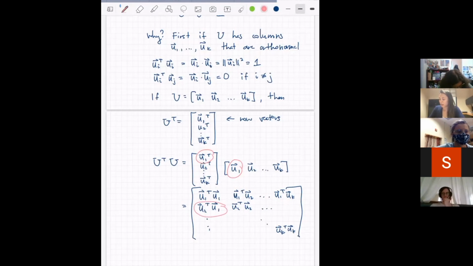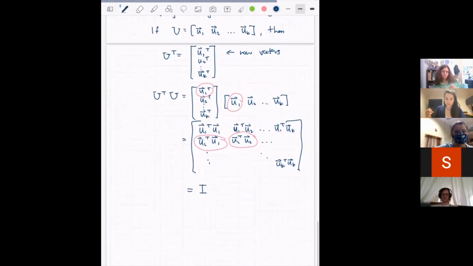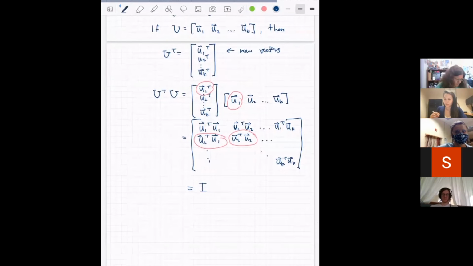But when we're multiplying ui transpose times ui, for instance, like here, we get 1. So you can see just by going through the matrix that you're going to get 1s on the diagonal and 0s everywhere else, which is the identity, right? Okay, so we can see that U transpose times U is equal to the identity.